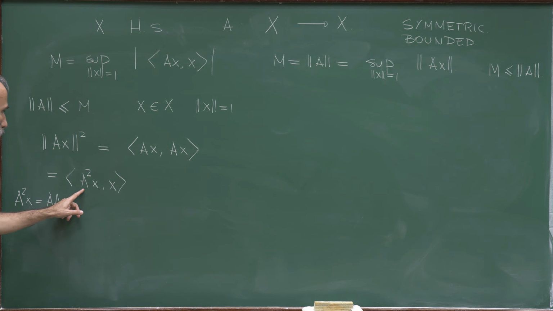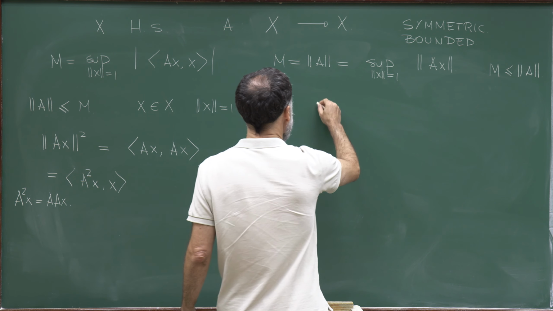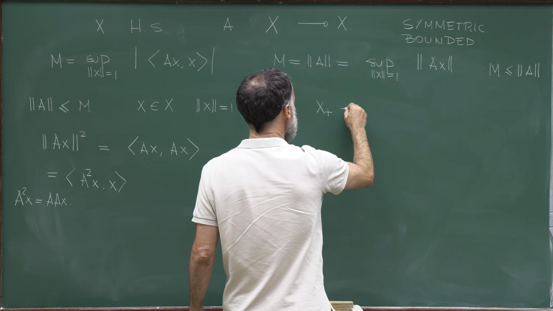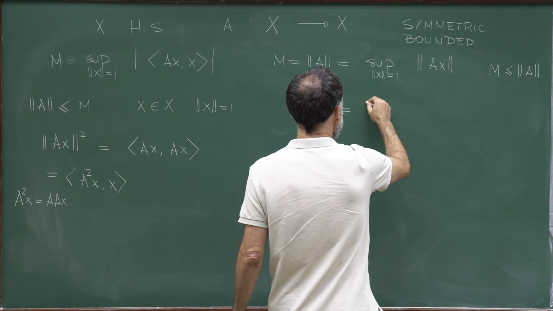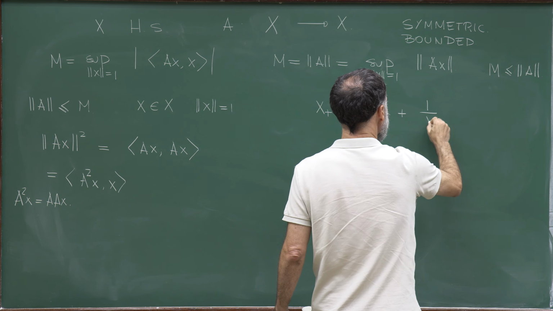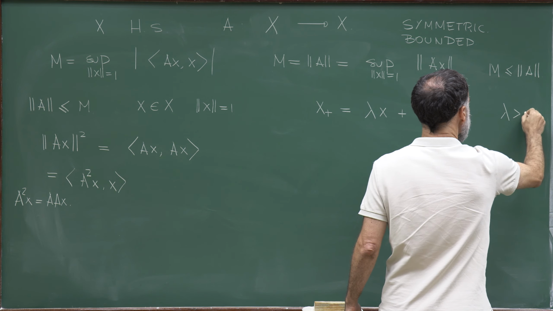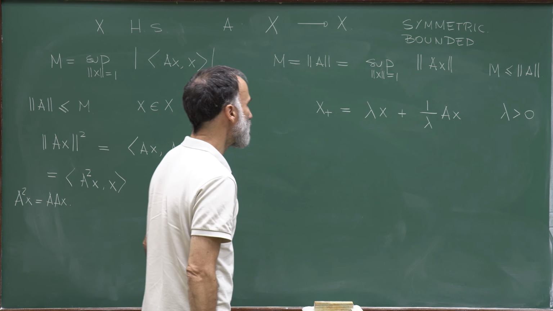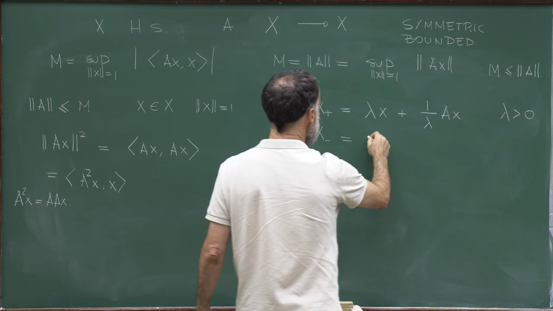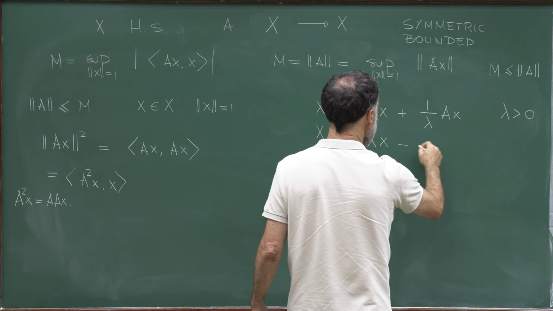Now, in order to continue, I will introduce two new elements of X, x₊ and x₋. So x₊ will be equal to λx + (1/λ)Ax, and here λ is a real positive number. And x₋ is exactly equal to the same expression in which I replace the plus sign with a minus sign.